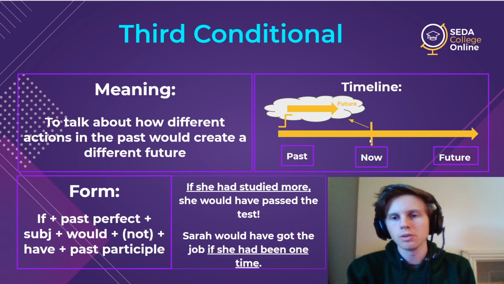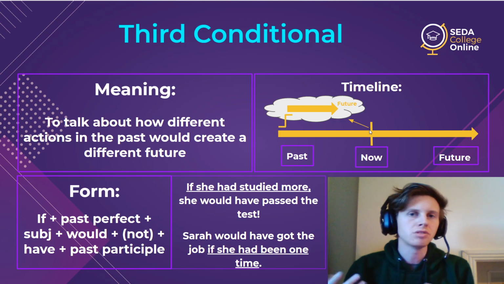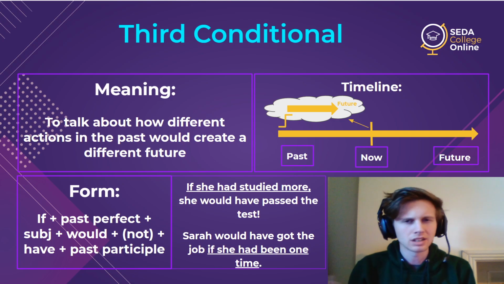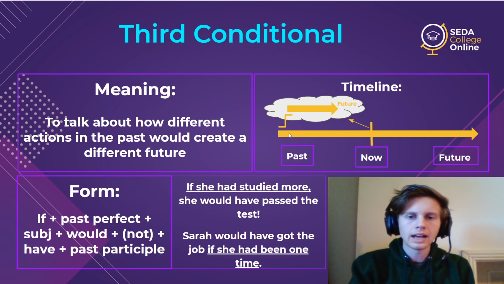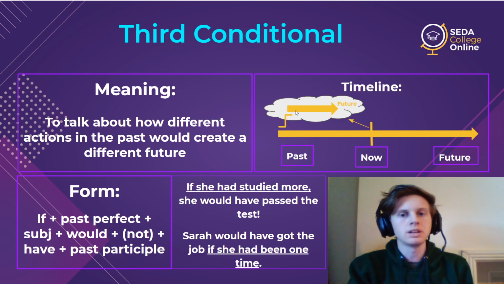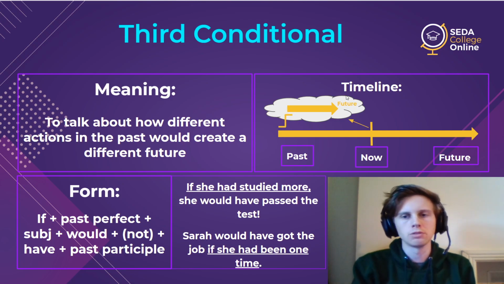So we know now Sarah did not get the job. She was late. The interviewer was very unhappy because she was late, so she didn't get the job. But if we go back and we say if she had been on time, she would have got the job, the new future.